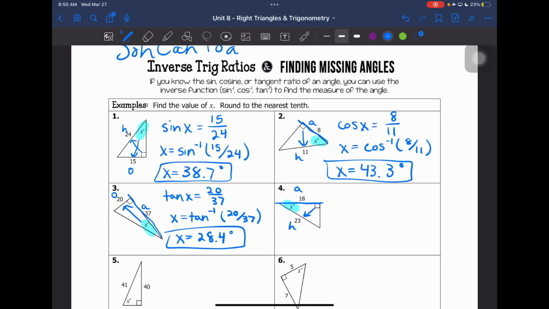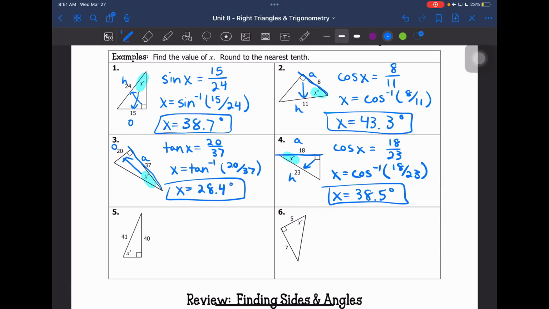So because I have adjacent and hypotenuse, I'm going to choose cosine, and then I'll just say cosine of x is equal to 18 over 23. So to find x, I just have to use inverse cosine. Inverse cosine of 18 over 23, just type that into your calculator, and it's going to come out to be 38.5 degrees.